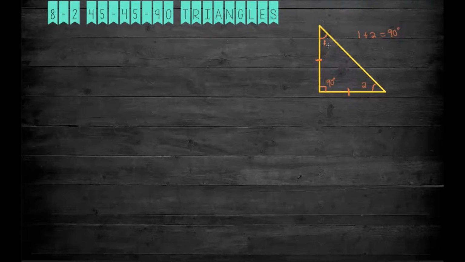So we know that these two angles are actually 45 degrees. So we know these two angles down here are 45-degree angles, which is why this triangle has a special name, the 45, 45, 90-degree triangle, because those are the angle measures of this triangle.